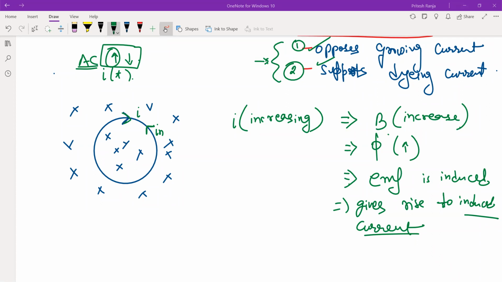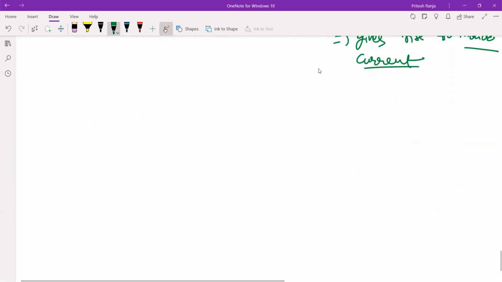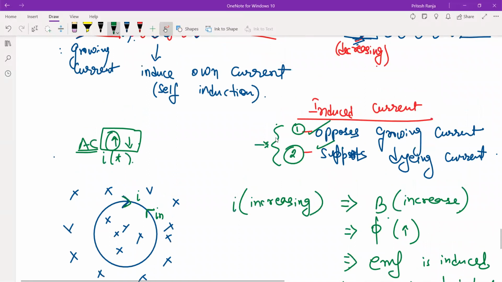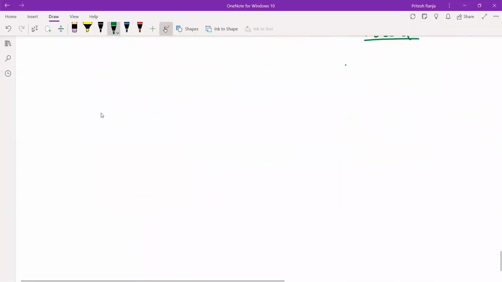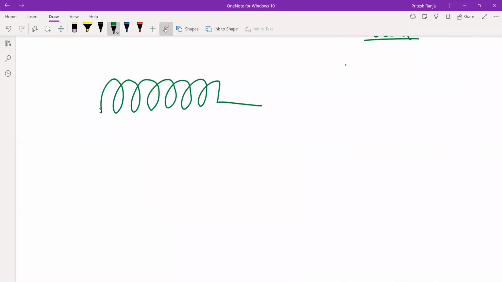So let us here consider the loops, because these things we already saw in the previous sessions, except these 2 points which we must remember. So let us take coiled wires. And let us consider the magnetic flux linked with one coil. So here a coil, right? One coil, let us say it has magnetic flux phi.